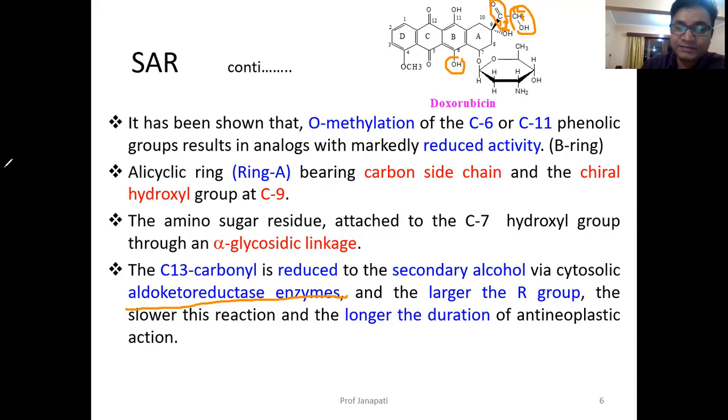So I will explain again: here you see 12, this is 13, this carbon is 13, this carbon is 14. If this carbon is reduced, having a bigger alkyl group here, then it has a long duration of action.